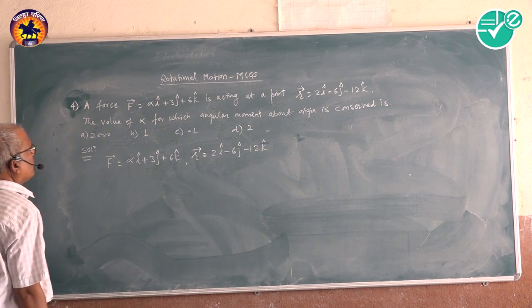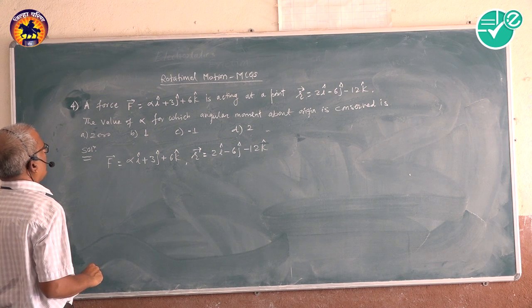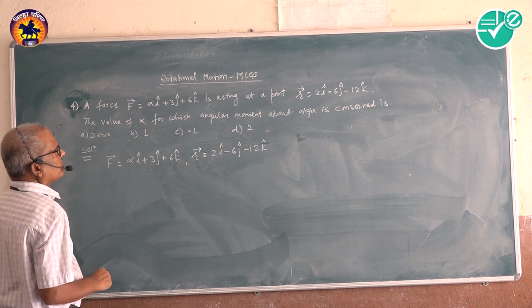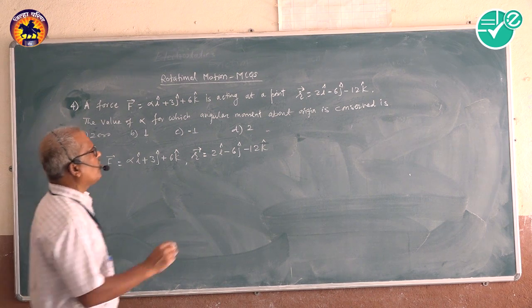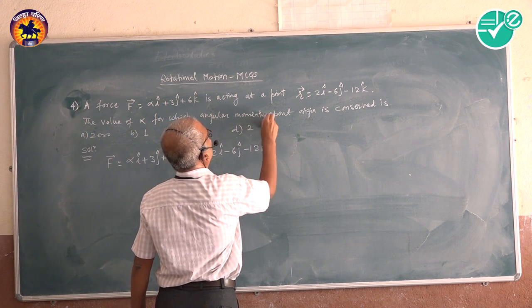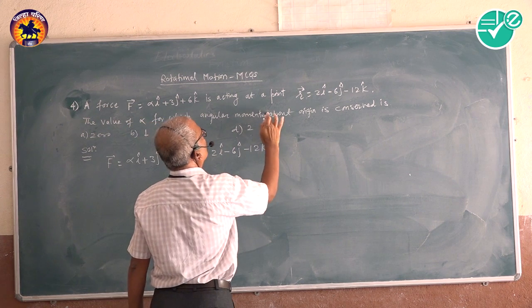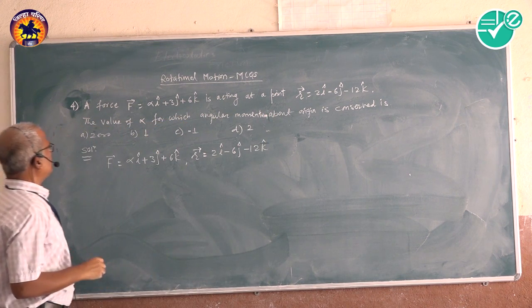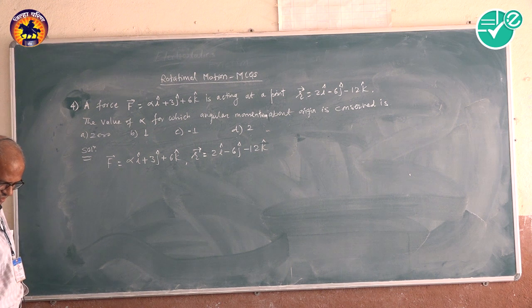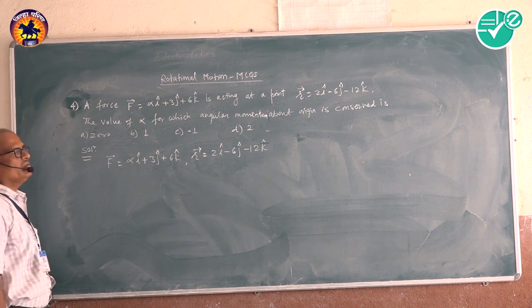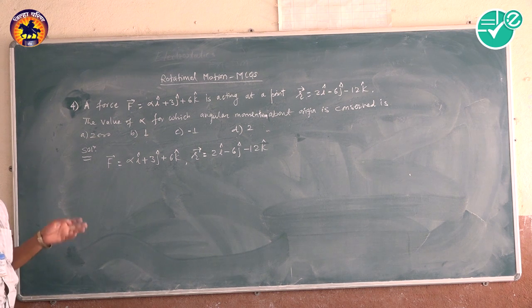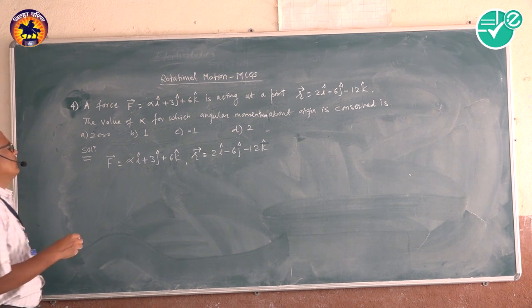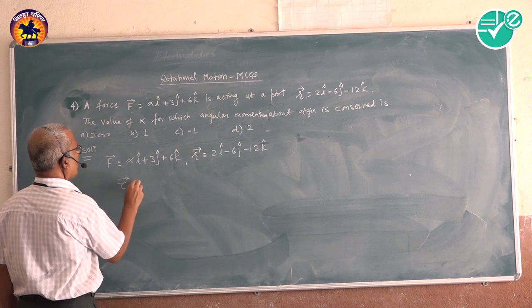Now our aim is to calculate the value of alpha for which angular momentum about the origin is conserved. When angular momentum is conserved, if no external torque acts on the rotating body, then its angular momentum must be conserved. So first of all, we have to calculate torque.